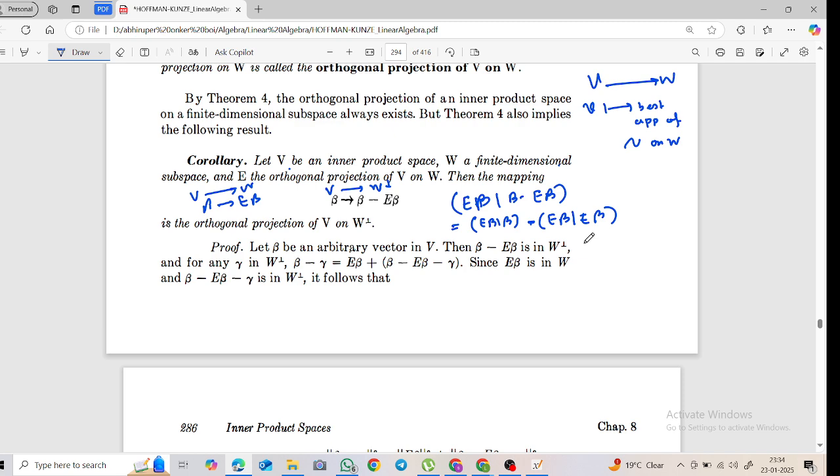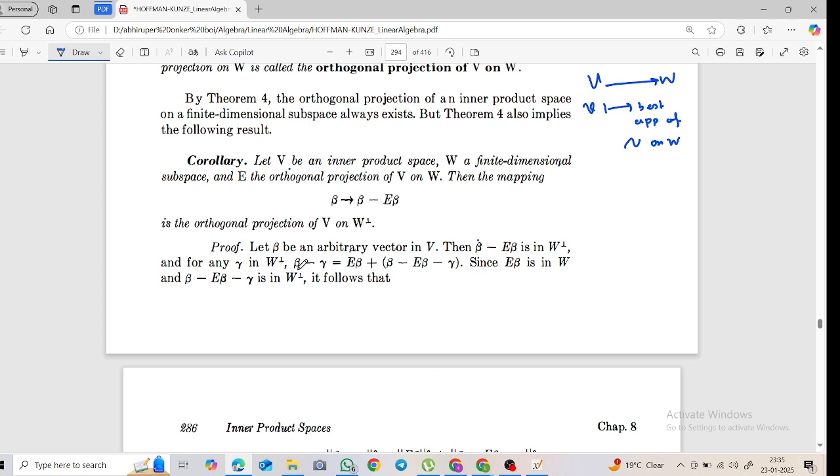Beta minus E beta is in W perp. Basically these two are the same. So it will be 0.